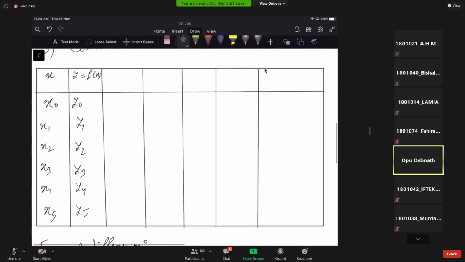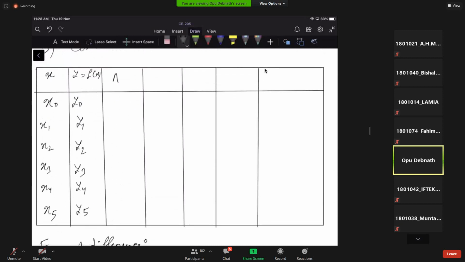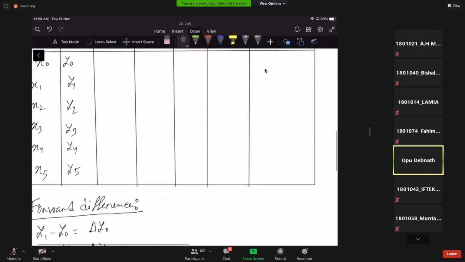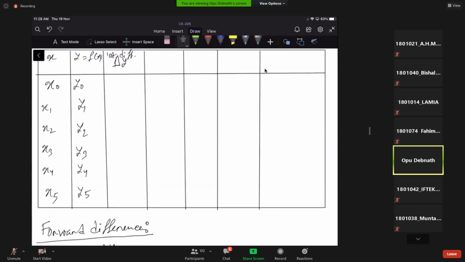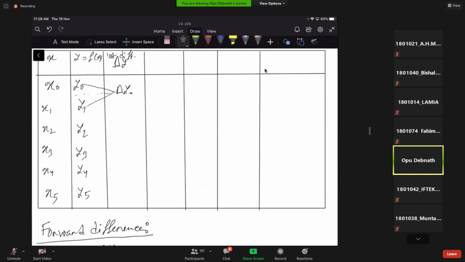First difference, del y. Here this will be del y0. The rule for writing these is that you subtract y0 from y1, that means y1 minus y0, and you write this value in between, in the center position.